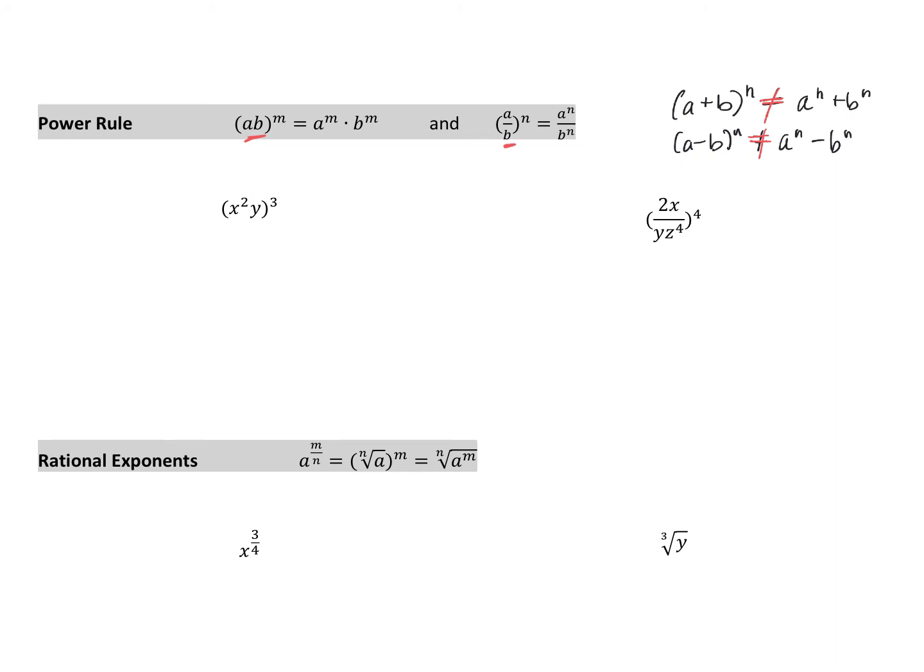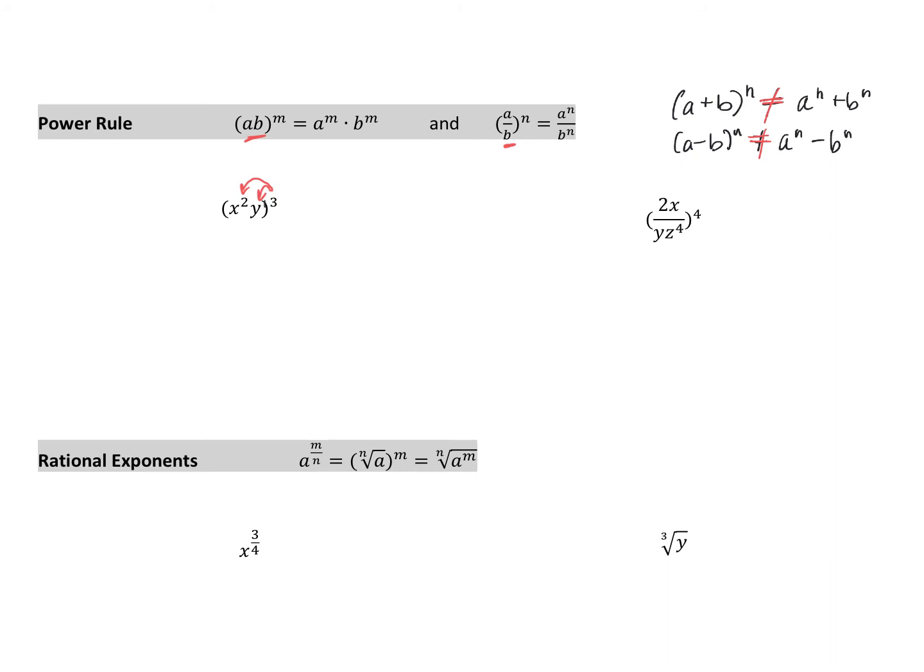Okay, so let's look at our examples. In the first example, you see that we have x squared y in the parentheses. That's just multiplication. So it's fine to use the power rule. The power rule means that this 3 goes to each factor inside. So x is a factor and so is y. The y is understood to have a 1 exponent on it already because there's no exponent written.